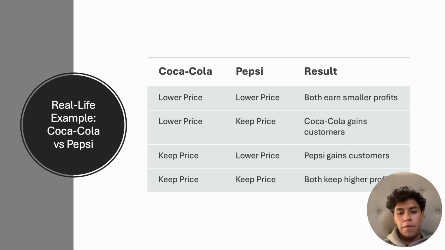On the other hand, if Pepsi lowers its prices while Coca-Cola keeps its prices high, Pepsi will attract more customers instead. And finally, if both companies decide to keep their prices high, they both continue earning larger profits. This example shows that businesses cannot make decisions without considering what their competitors might do first.